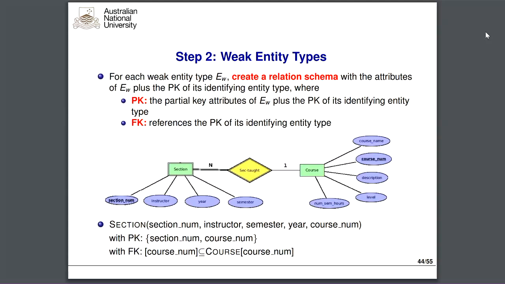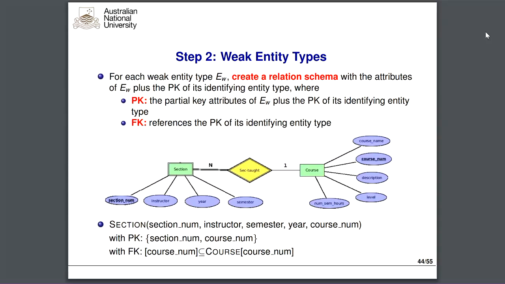So you can see here that when we want to create a relational schema for the section, if you just use the section number in the whole database, you may not be able to uniquely identify it, right? The section number is not enough. Only if you consider the section number together with the course number can you uniquely identify this.